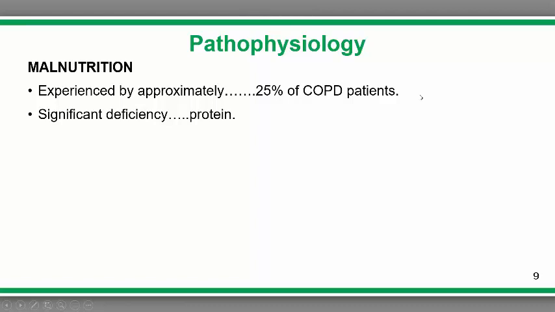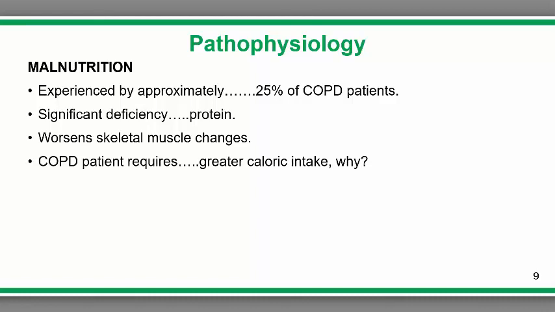And the one significant deficiency that is common in those COPD patients with malnutrition is a deficiency in protein. And a protein deficiency is particularly of concern because the protein deficiency will contribute to a worsening of skeletal muscle dysfunction. And so those negative changes that were discussed in the immediate previous lecture.